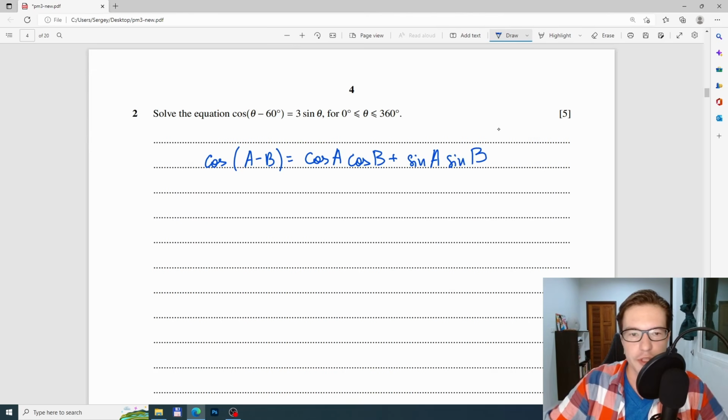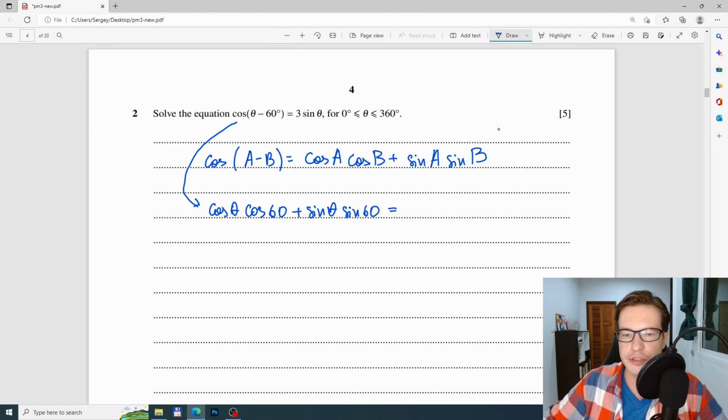Okay, so that brings us to cosine theta cosine 60 plus sin theta sin 60 equals the right side, which is 3 sine theta. And we know what the values of cosine 60 and sine 60 are. So cos 60 is 1 over 2, and sine 60 is root 3 over 2.